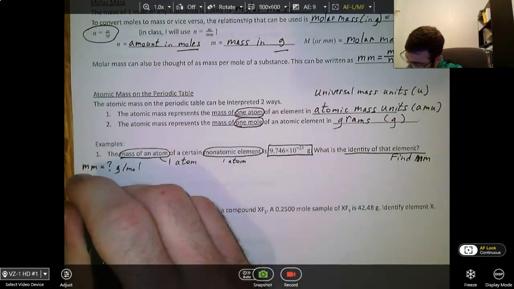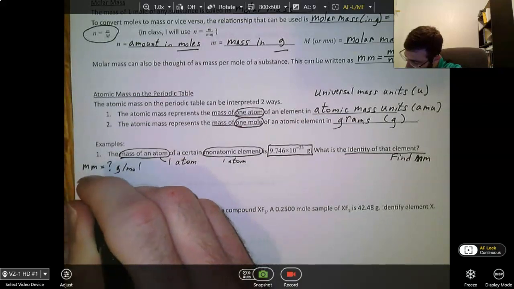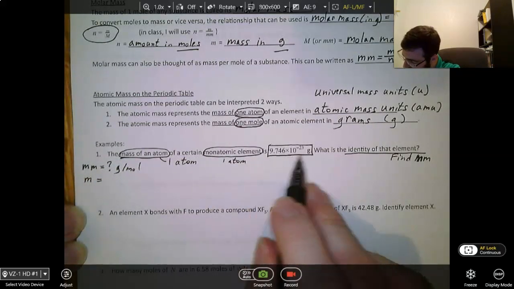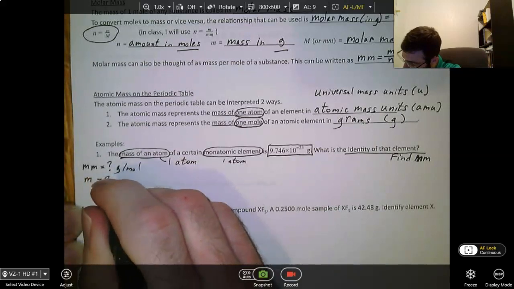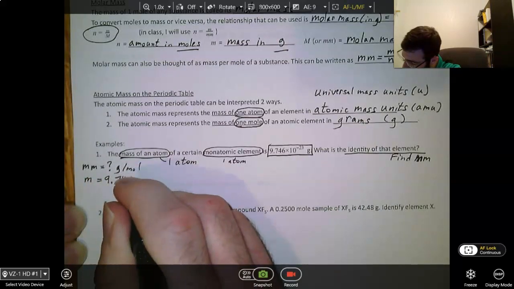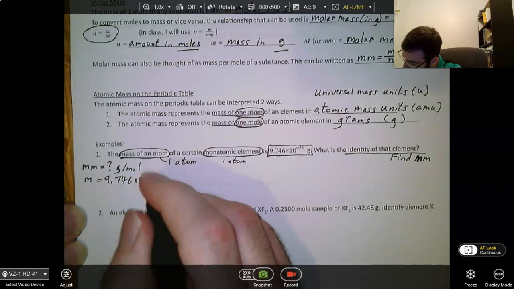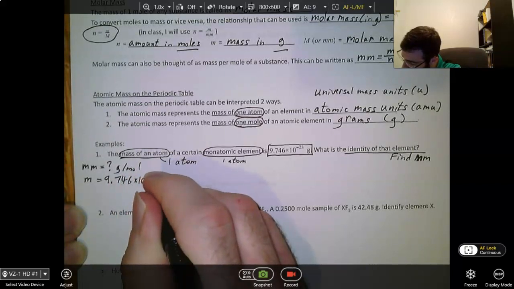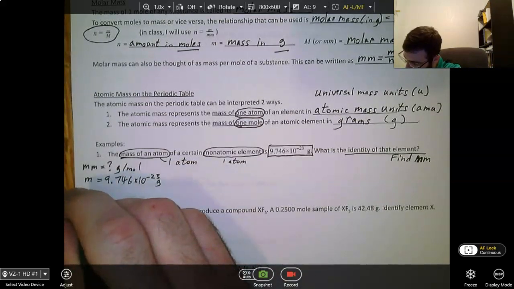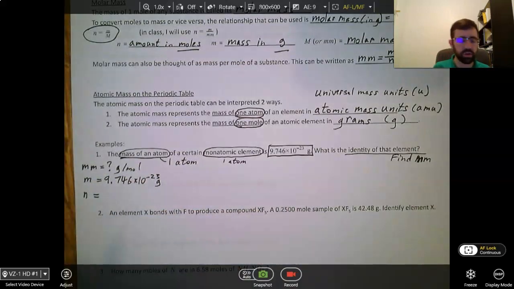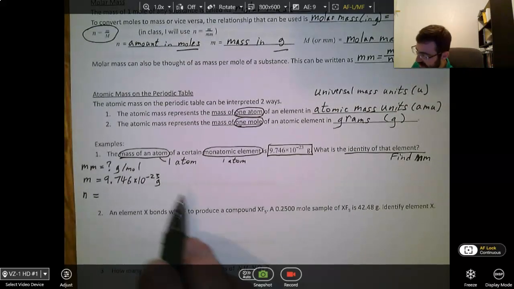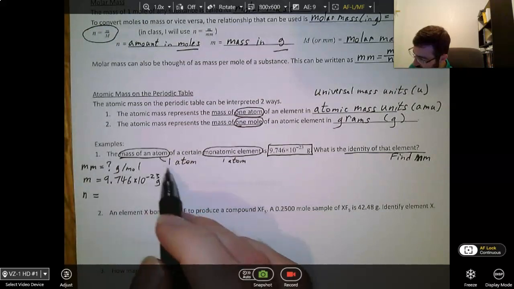I have m, the number of grams, and it's given to me: 9.746 times 10 to the negative 23rd grams. And then n, I also need n to find the molar mass. n is the number of moles. Now, I don't have the number of moles, but I can do unit conversion to figure out what the number of moles would be, because I have one atom.